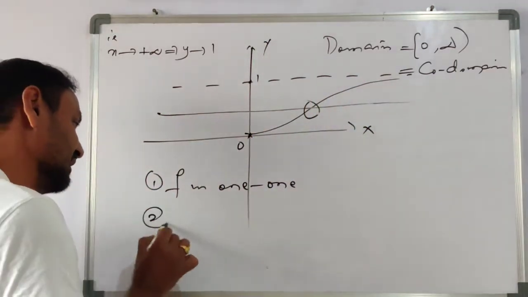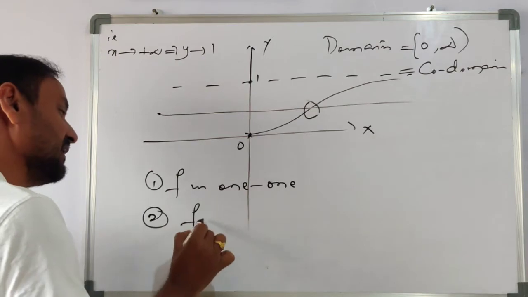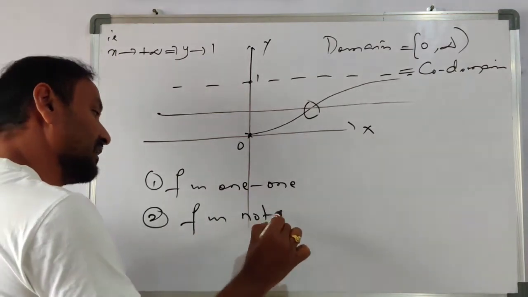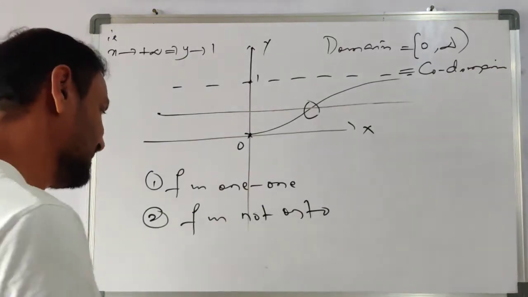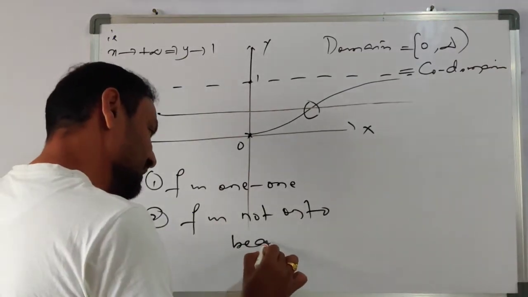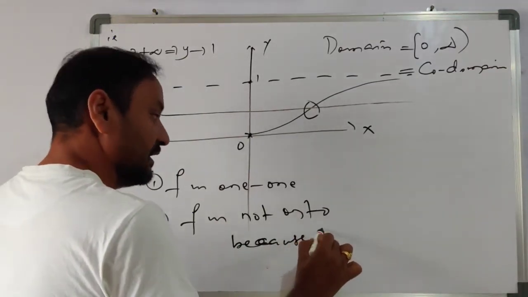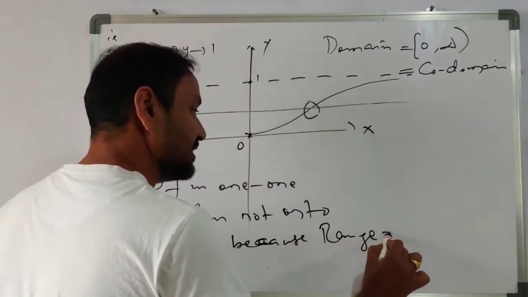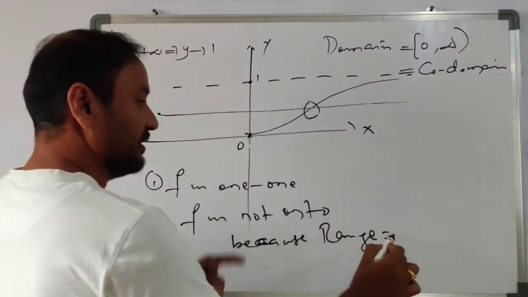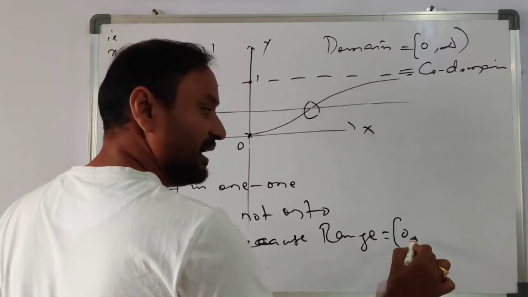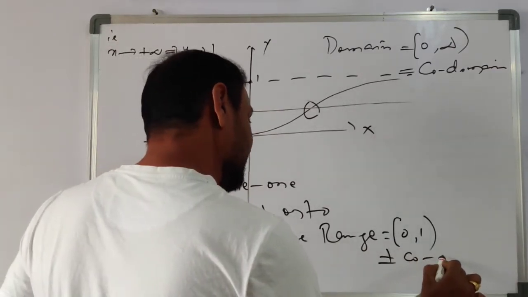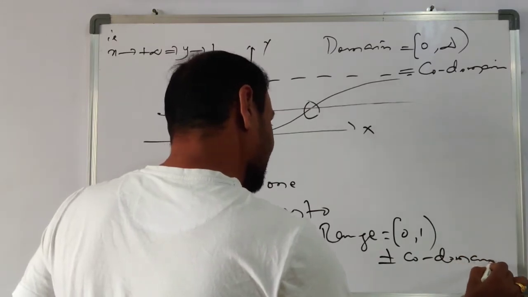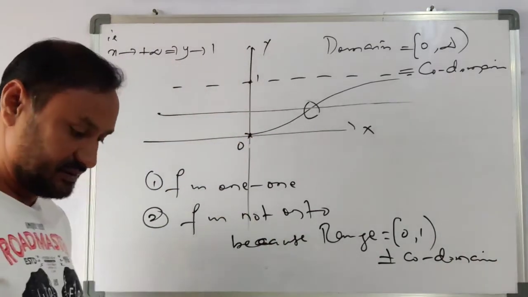Number 2: here f is not onto. F is not onto because of the range. What is the range of the graph? 0 to 1 only. 0 is the minimum value. It is not equal to the codomain. That's why it is not onto.